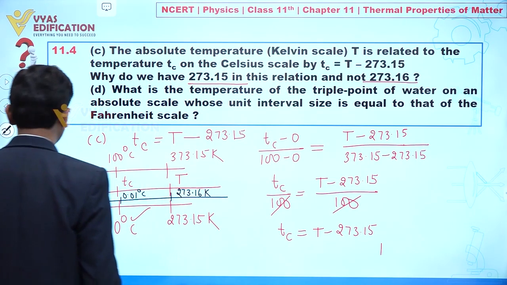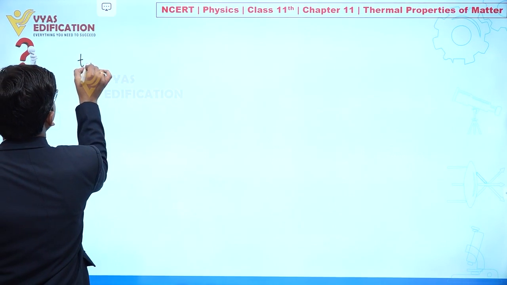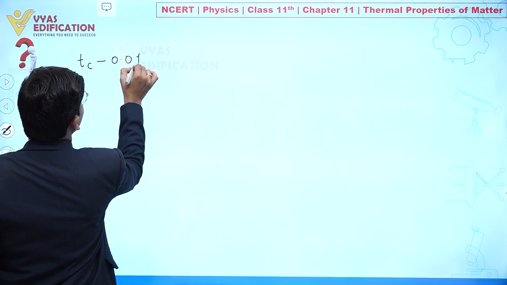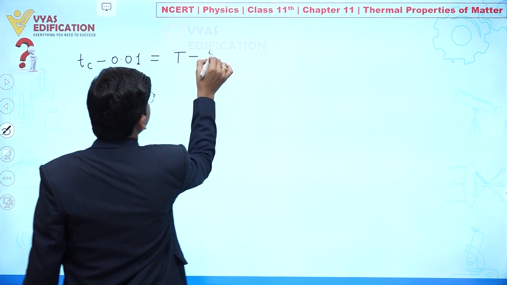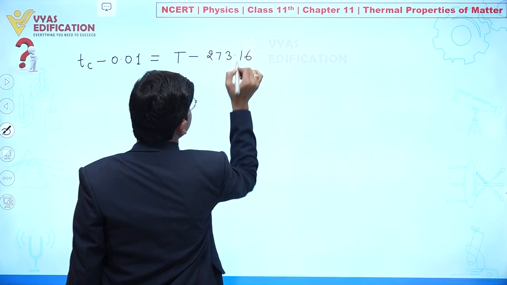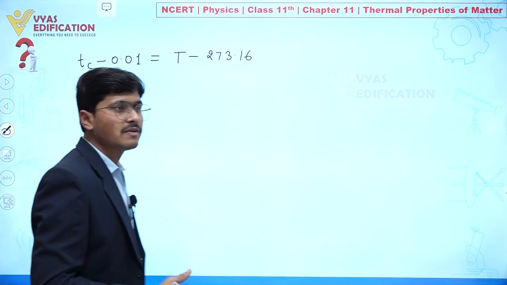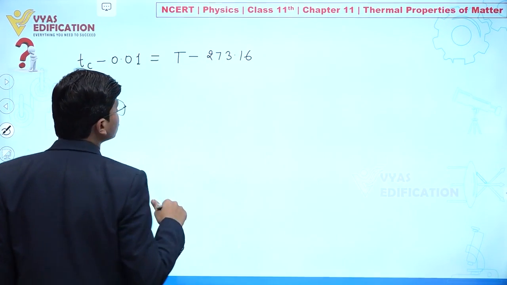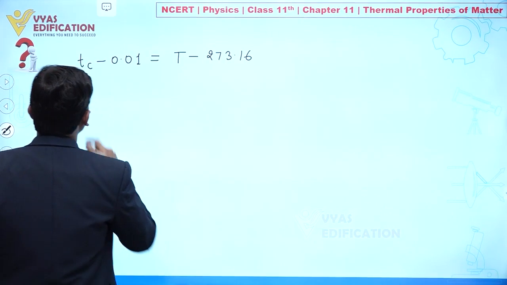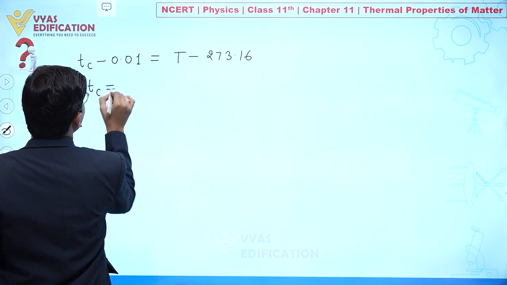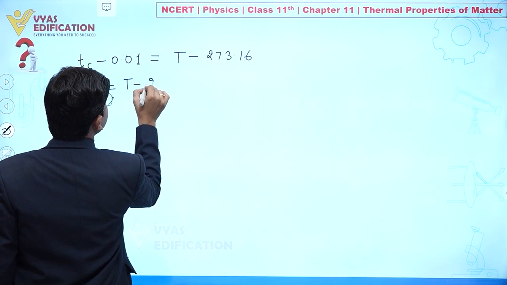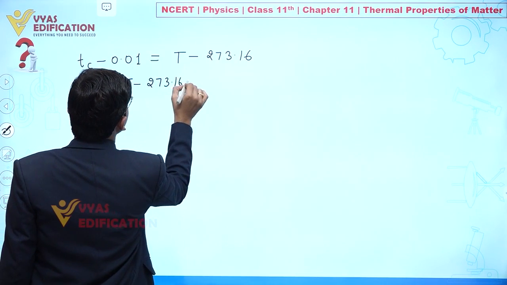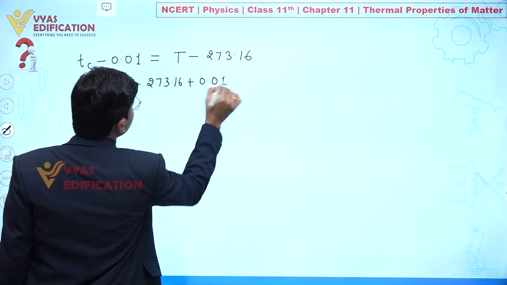Let us try to understand what I am saying. If I write Tc minus 0.01, this should be equal to T minus 273.16. Let's suppose you are asking why we are not taking 273.16. So if I take 273.16, the value of Tc is given by T minus 273.16 plus 0.01.